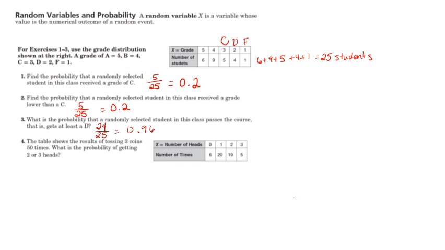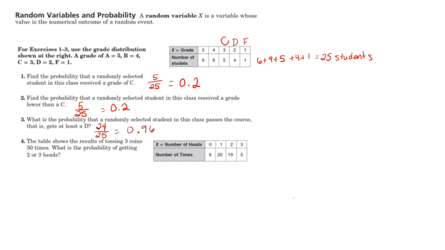The table shows the results of tossing 3 coins 50 times. What is the probability of getting 2 or 3 heads? So this time our random variable is the number of heads that we got. So if I'm throwing 3 coins in the air, the times that I had no heads was 6, 1 head was 20, 2 of them was 19, and then 5 times all 3 of them were heads.